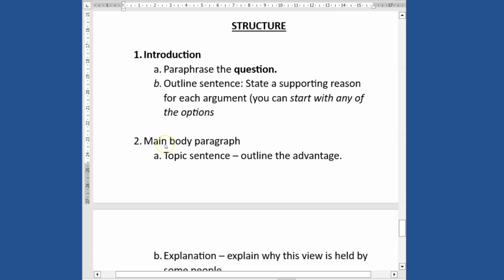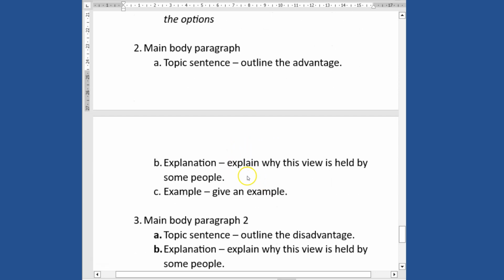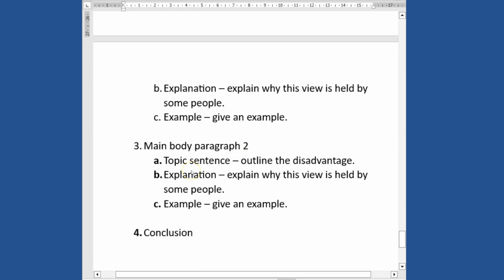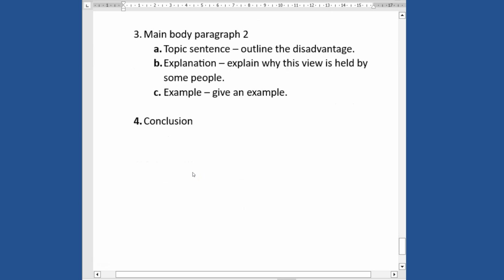In the main body paragraph, we start with the advantages. We write a topic sentence and outline the advantage, and then we explain why the view is held by some people, and we also talk about an example. Then in body paragraph 2, we deal with the disadvantage; we explain, and then we give an example.